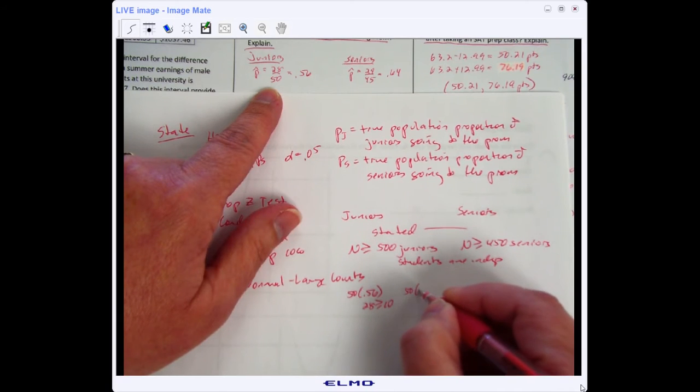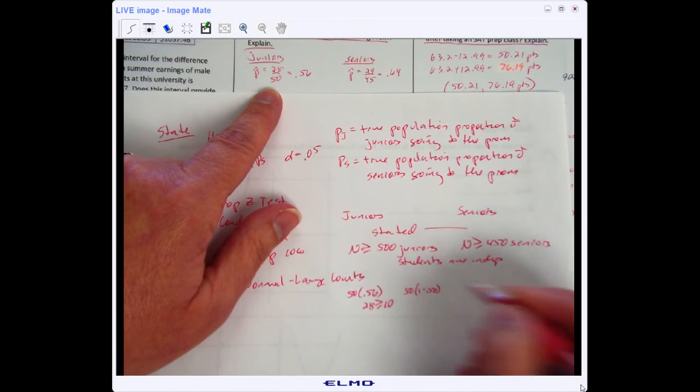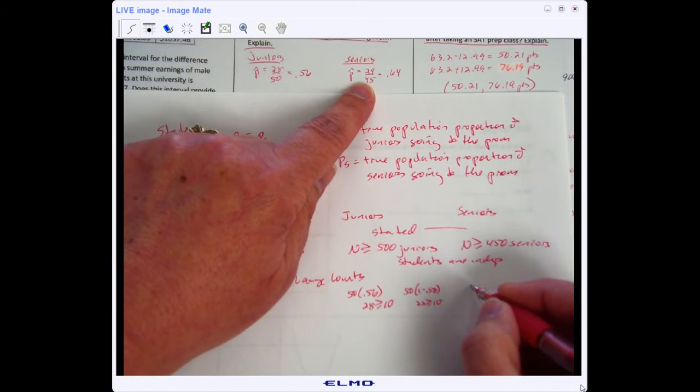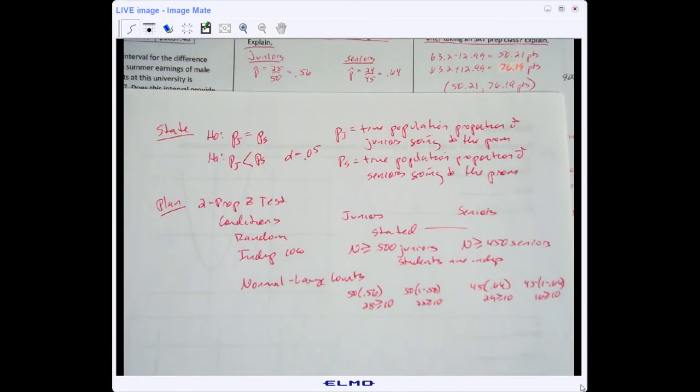And then 50 times 1 minus 0.56, what is that? 22 is greater than or equal to 10. And I'm going to do the same thing for my seniors. So 45 times 0.64, so 29 is greater than or equal to 10. And then 45 times 1 minus 0.64. I think that's 16 is greater than 10. Is it 16 or 18? Okay, hold on.